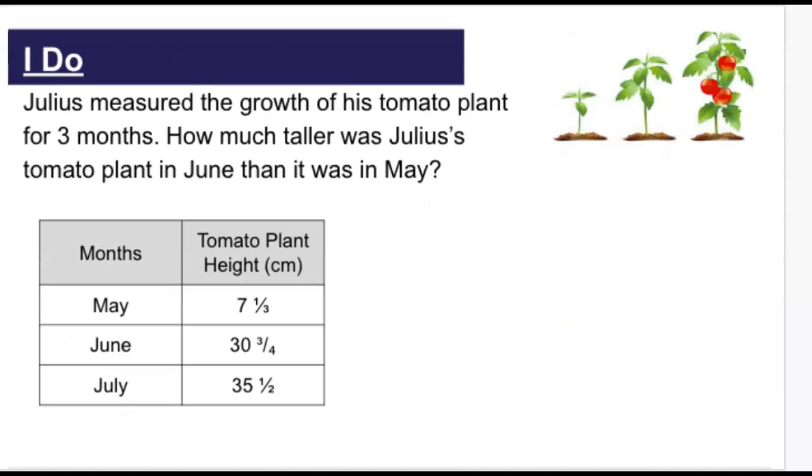Jump right in. Our problem reads, Julius measured the growth of his tomato plant for 3 months. How much taller was Julius's tomato plant in June than it was in May? So I'm going to reread and annotate my problem at this time.